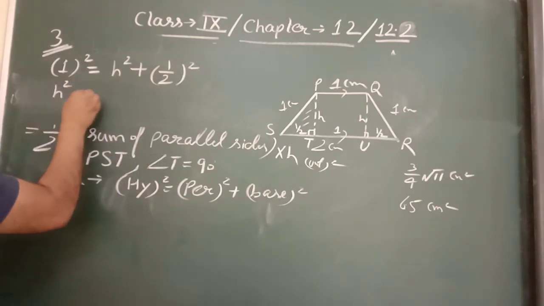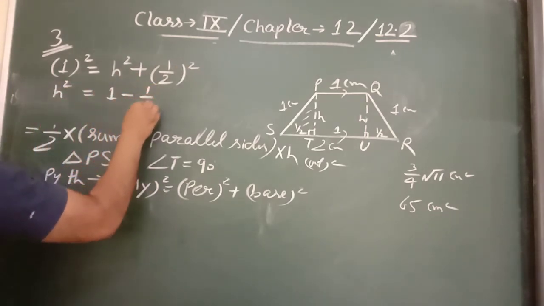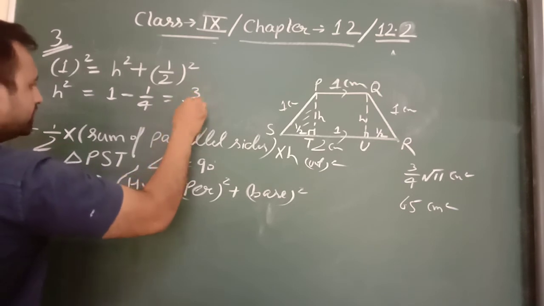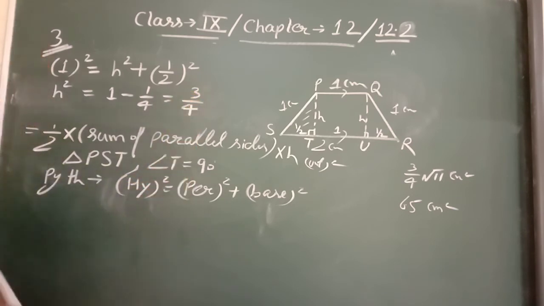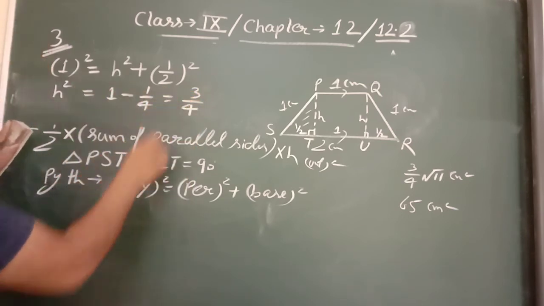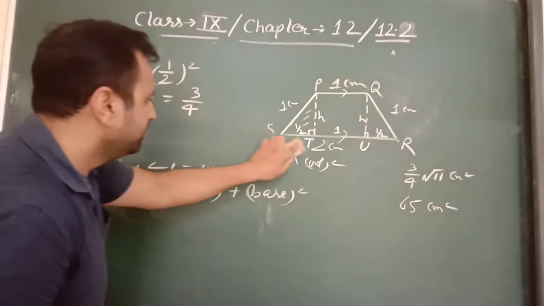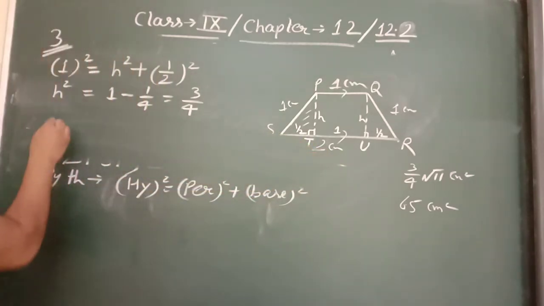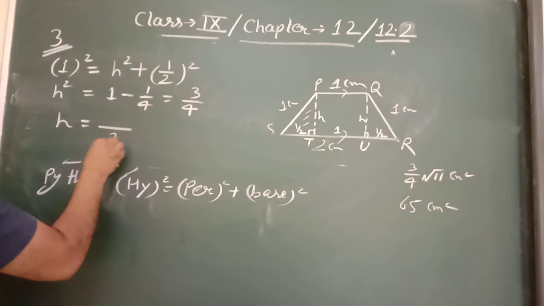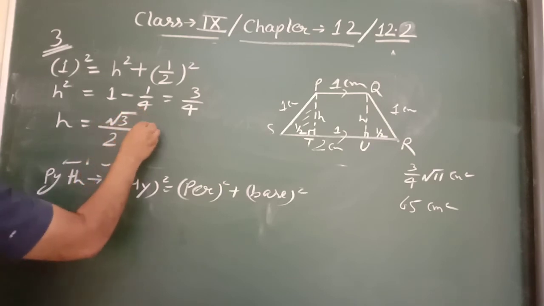So h square is equal to 1 minus 1/4. So value is 3/4. Sorry, h square is equal to 3/4, but we have to find out height. So h is equal to under root 3/2 centimeter.